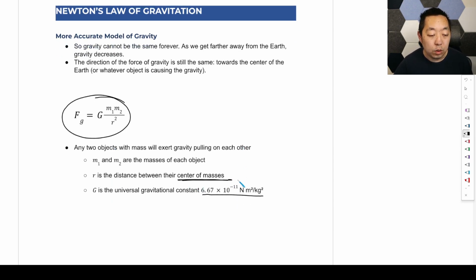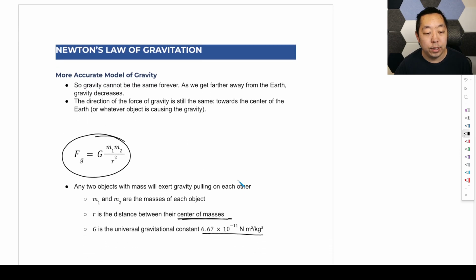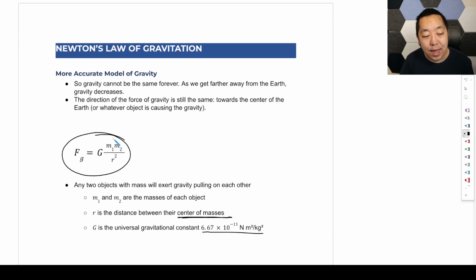Now, before we get into the formulas, how does this reconcile with mg? Well, if we're standing on the Earth, the r isn't zero, because r is the distance between the centers of mass.